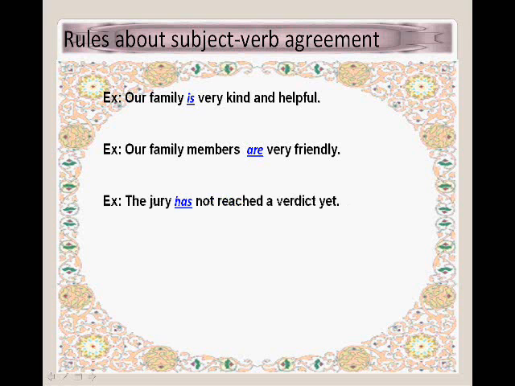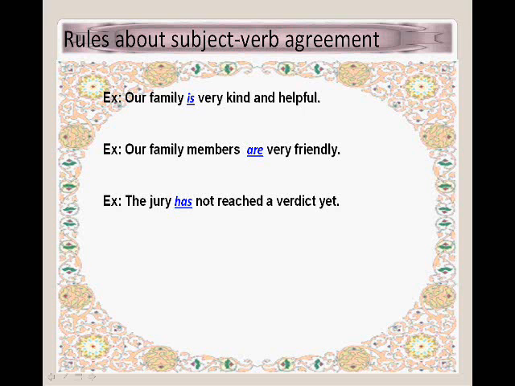Okay. The jury has not reached a verdict yet. Here, of course, I think you know the meaning of the word jury. The jury are the people who work in the court, and they help the judge in producing the judgment.